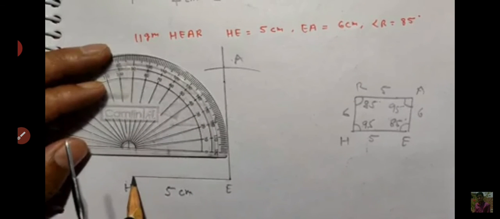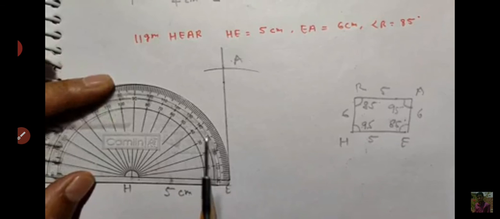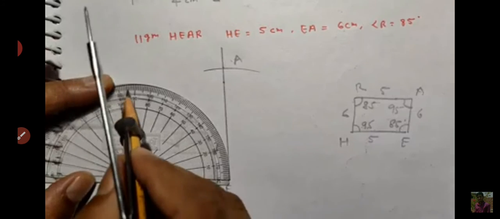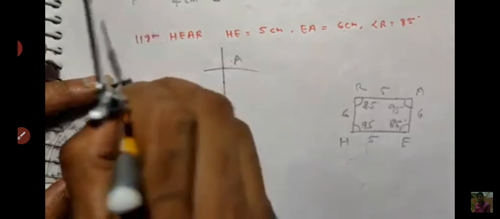Now again here you are taking 95 degree. Take 95 degree. 95 will come between 90 and 100.